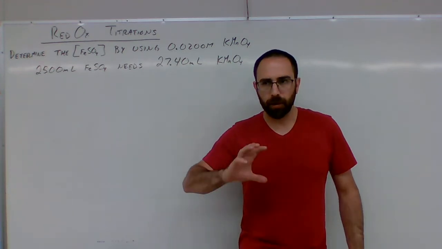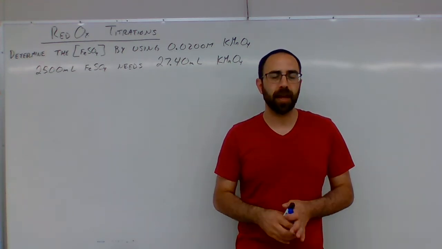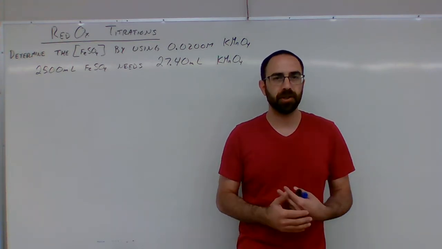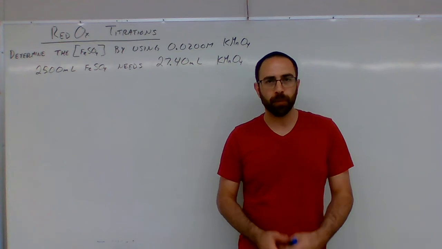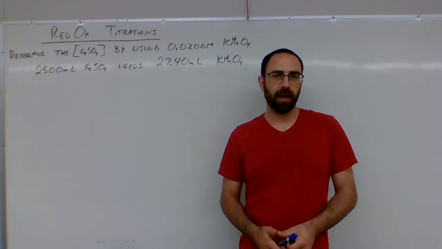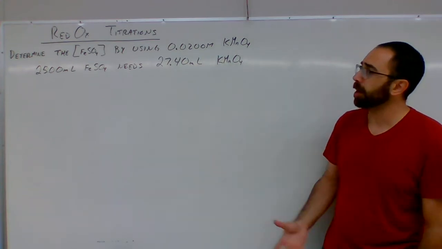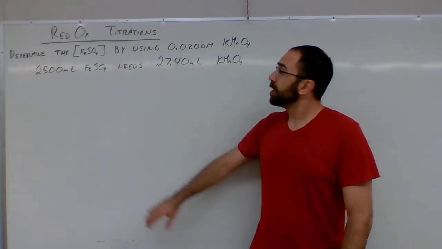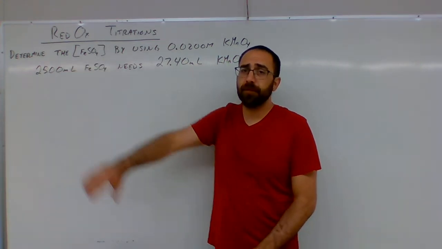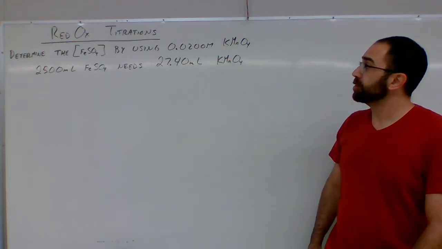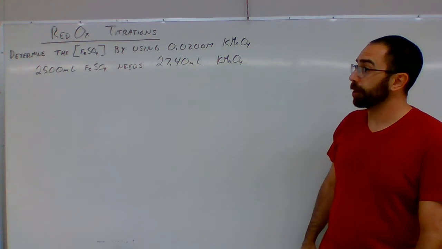We use this to help understand when that endpoint is. When we no longer see that purple color, the moment it's gone, we've reached that endpoint, and that allows us to calculate that unknown concentration. So the problem I pose today is: determine the concentration of this FeSO4 by using the 0.0200 molar KMnO4.